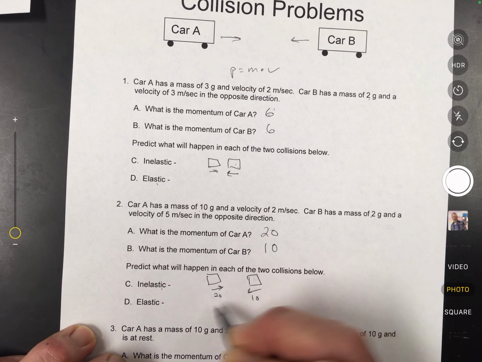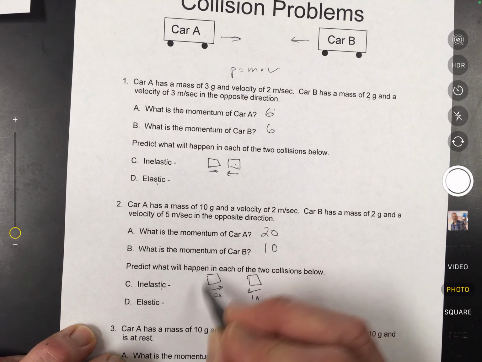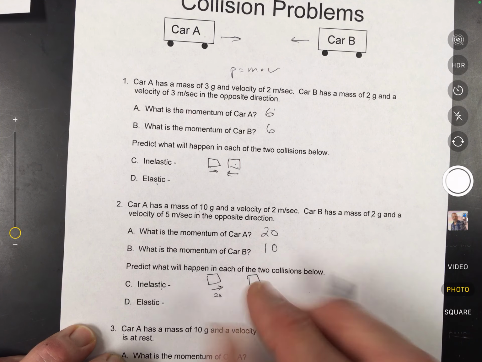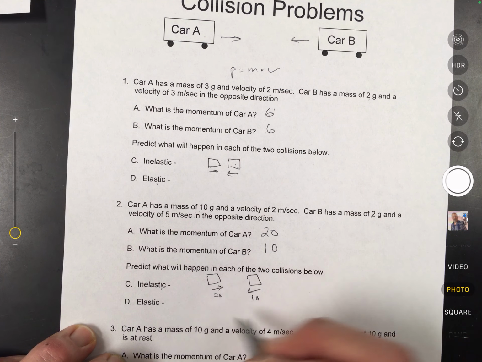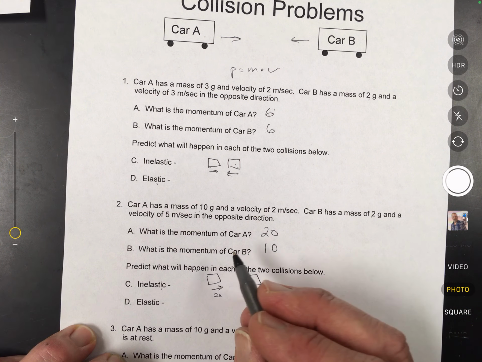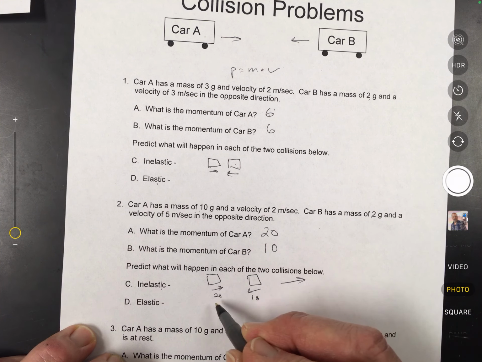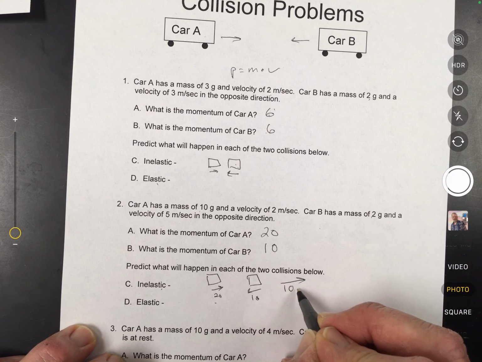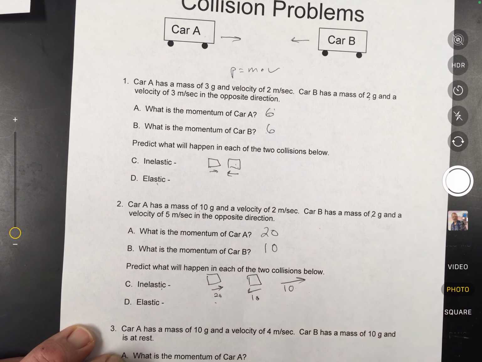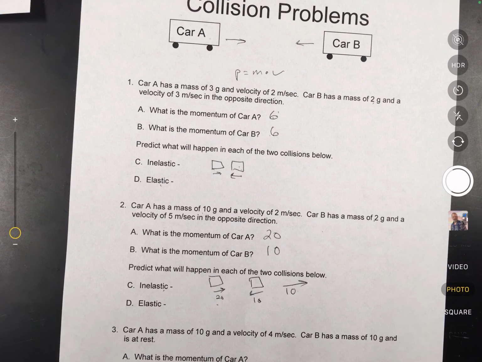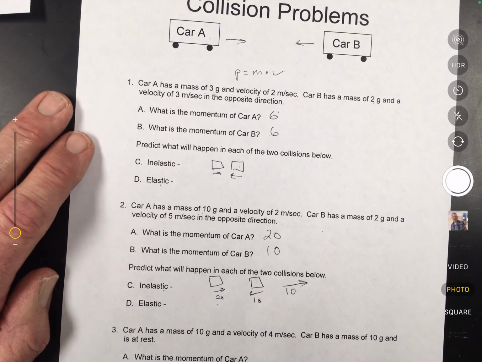Well, when they come together and stick, this 20 is 10 bigger than that. So the combined, there'll be one mass because they stick together, they'll have a combined momentum of 10 going to the right. This 10, which is smaller than 20, subtracts from 20. Now you have 10 momentum going to the right with both of them stuck together. The speed's immaterial. I don't really care about the speed.